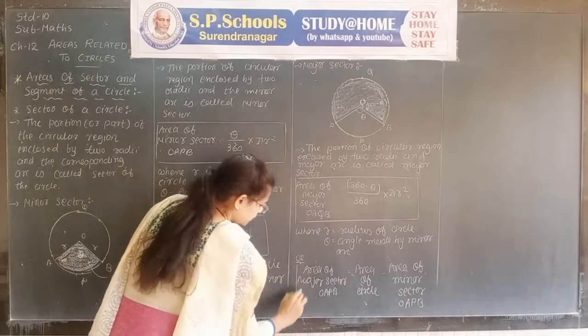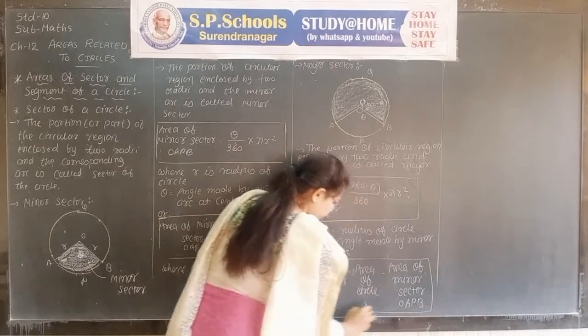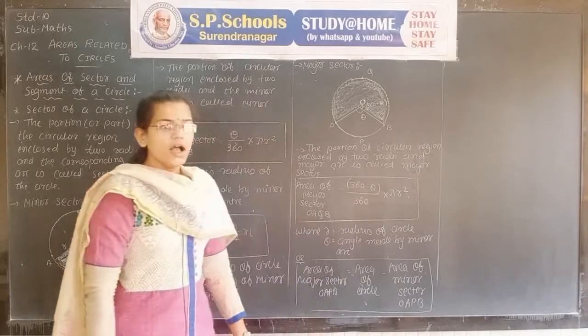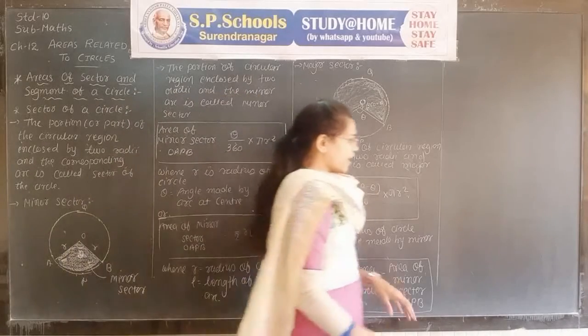It is the second formula, but most probably we need to use 360 minus theta upon 360 into pi r square.